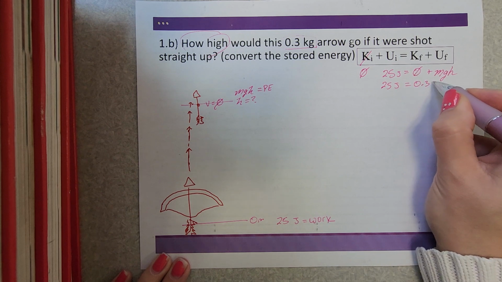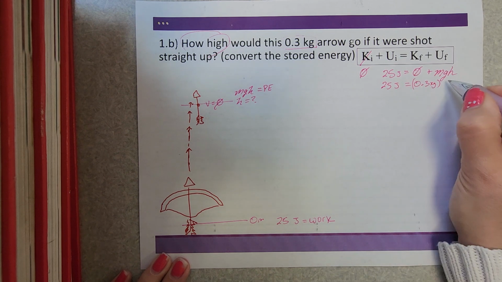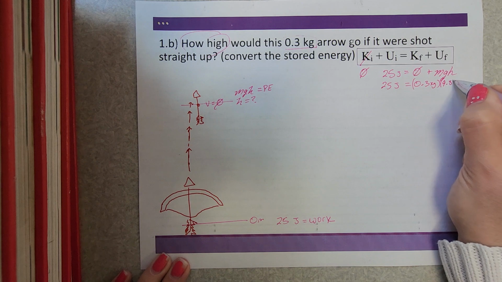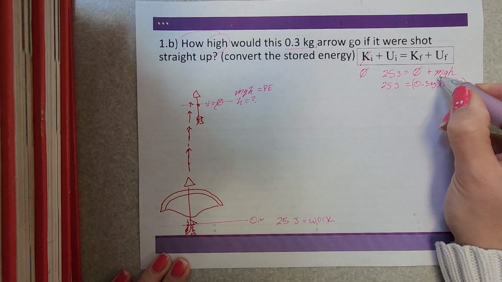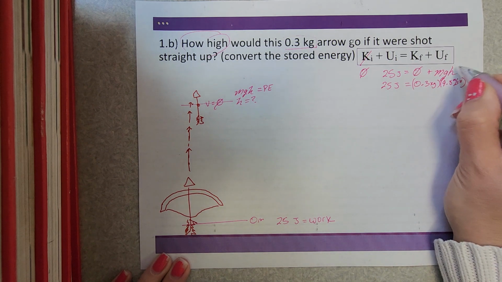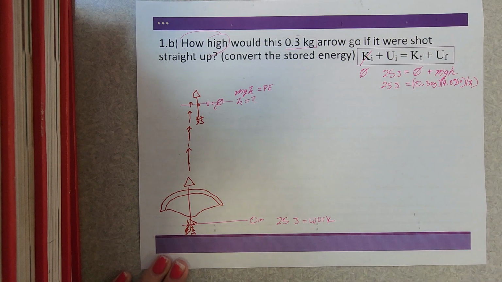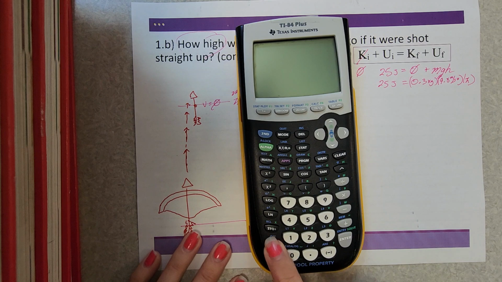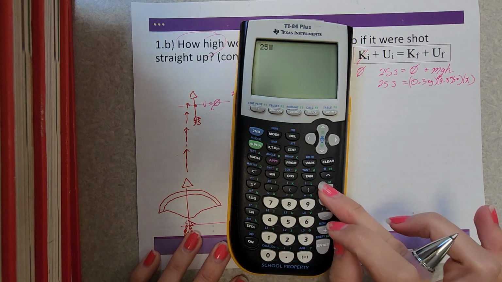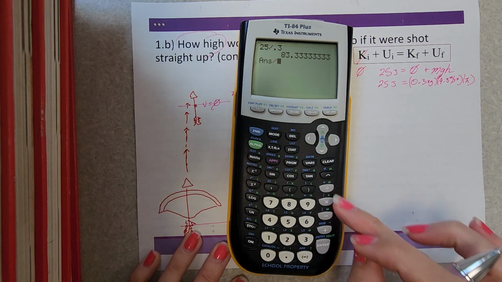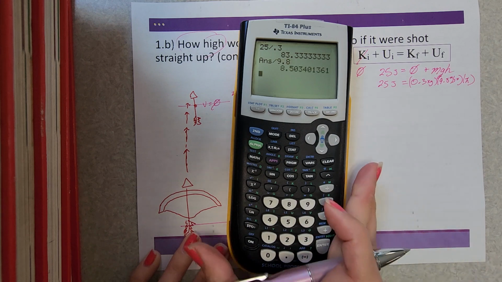We have 0.3 kilograms times 9.8 meters per second squared for the acceleration of gravity. Mass times gravity gives us force, and then the distance is height. So we'll take 25 divided by 0.3, and then divide that by 9.8, and you get 8.5 meters.